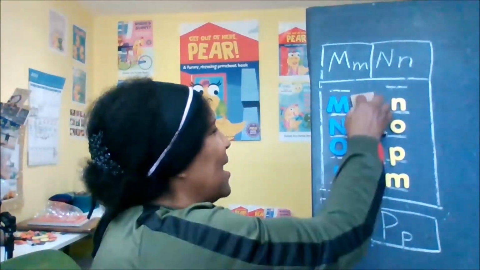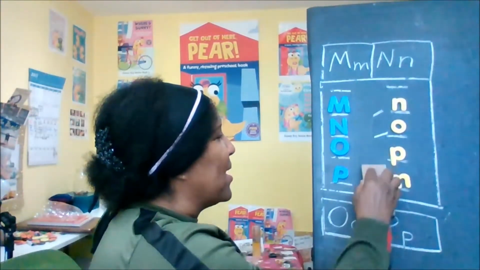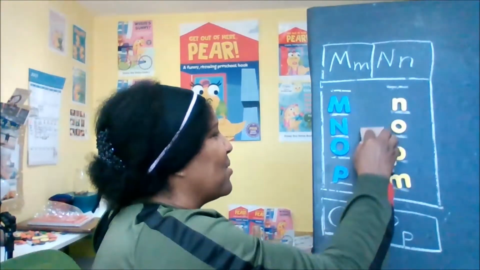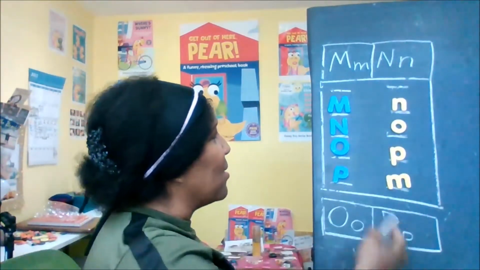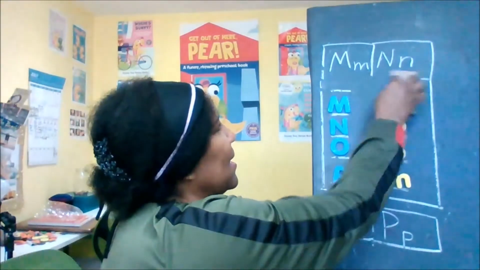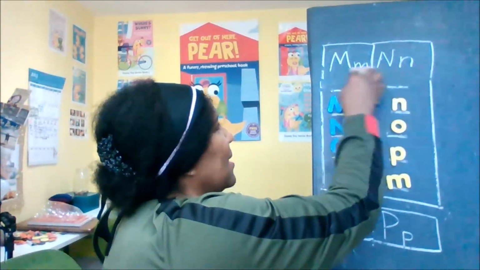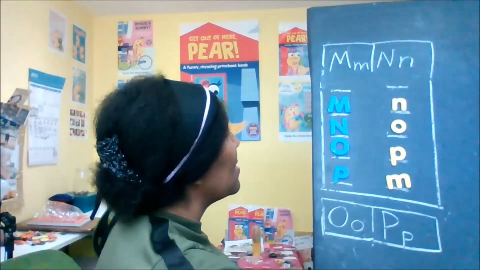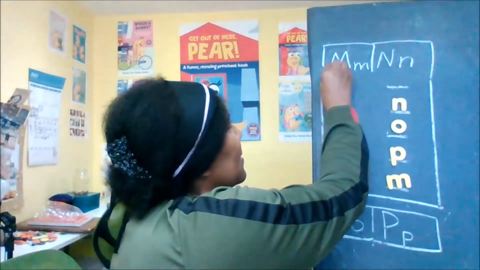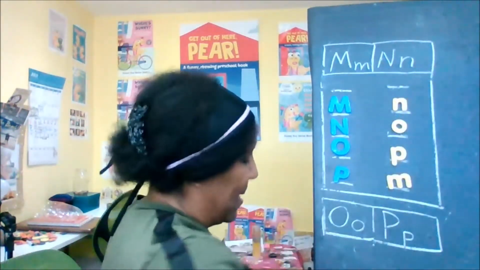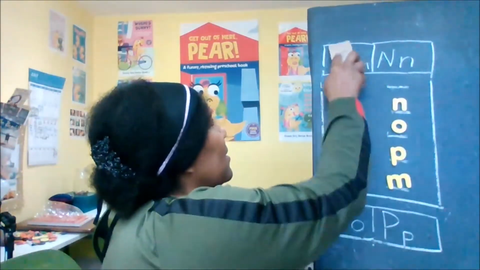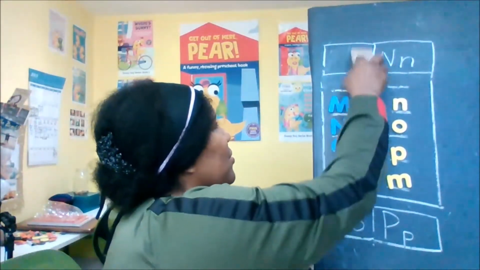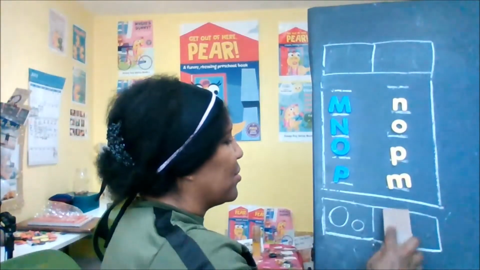Okay, so we're done. I'm going to erase the middle and we're going to go on to the next group of letters, which would be 5 letters. So I'm going to put a line a little higher so we can add a letter. I might have to go up even higher.